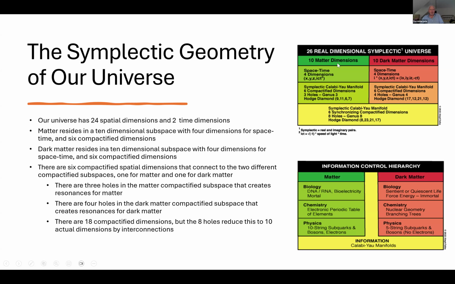So the thing that we call matter resides in a 10-dimensional subspace. There's 3 dimensions for space and 1 for time, which we call space-time. And then there's 6 what are called compactified dimensions. These compactified dimensions are wrapped around the different directions that we see here in space, and they're such that the scale for them is incredibly small.